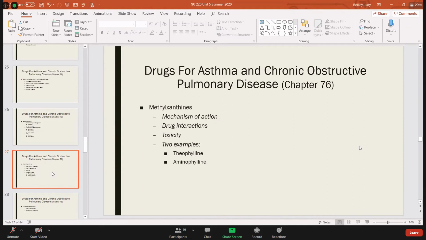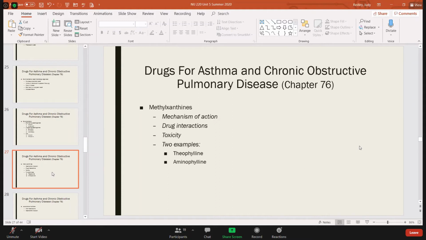Another medication used to treat asthma and COPD is going to be the methylxanthines. They produce bronchodilation by relaxing smooth muscles of the bronchi. Drug interactions can be due to caffeine intake, smoking, marijuana.